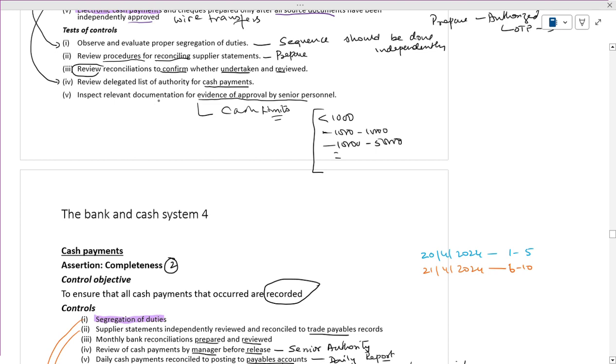You will ask me, what is the sequence you have to follow? Write separately. You make it a table and say that this is the cash payments. The first one is occurrence. The second one is completeness.